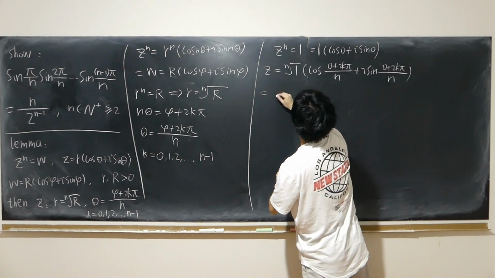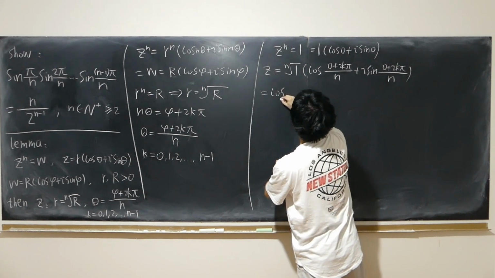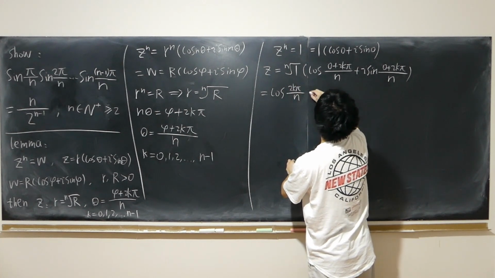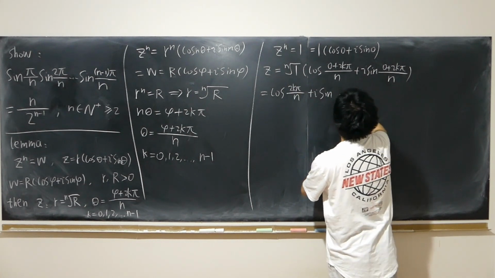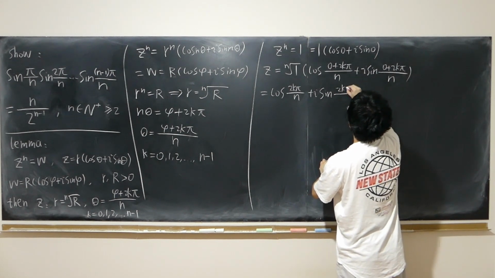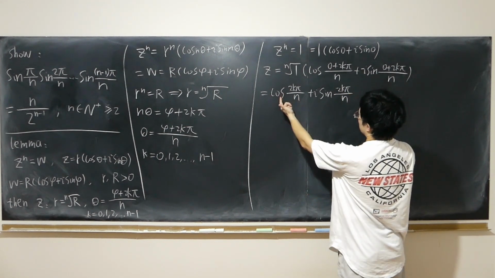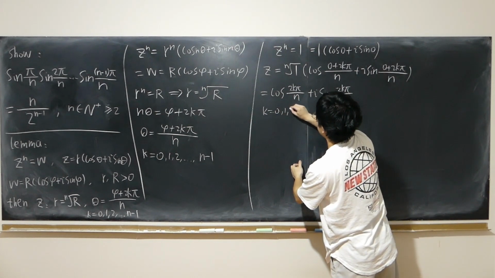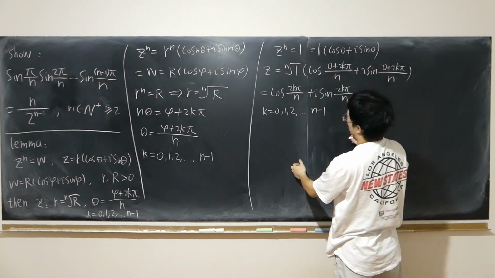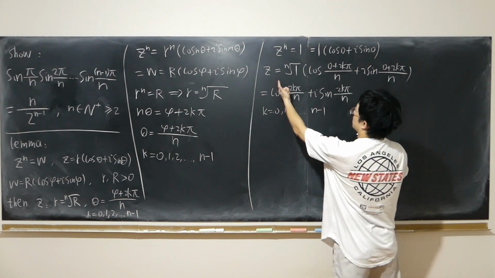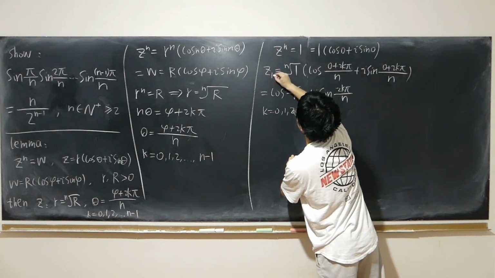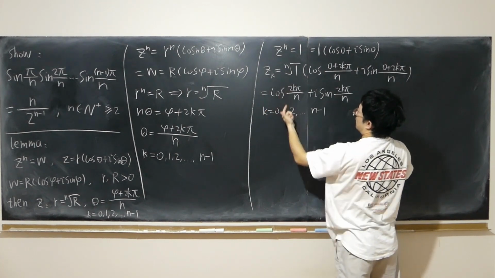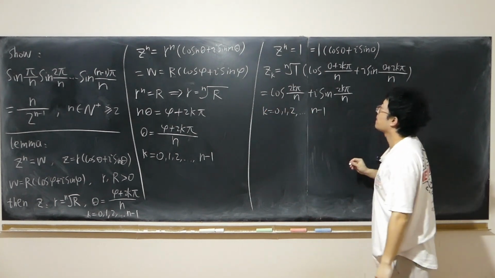So that is equal to 1 times cosine 2k pi over n plus i sine 2k pi over n. That's each root, where k goes from 0, 1, 2 up to n minus 1. Perhaps I'll denote z as z sub k, just to denote z naught as the first root, z1 the second root, and so on and so forth.